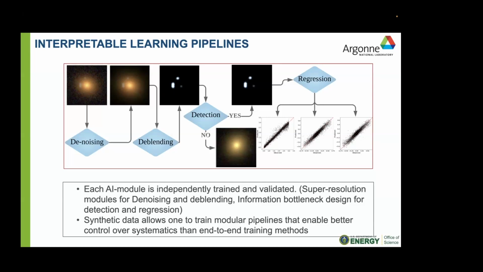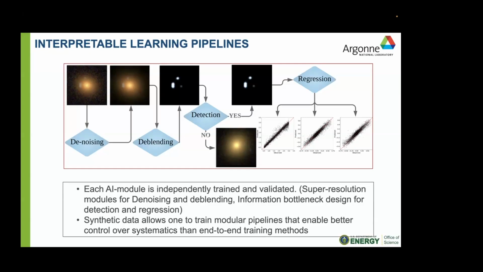And once that is done, if it is actually strongly lensed, then I calculate some physics parameters, like the Einstein radius or the ellipticity of the galaxy, something that is physically meaningful. I can only calculate it on the subset of the data set that was classified as strongly lensed. So we came up with this modular pipeline.